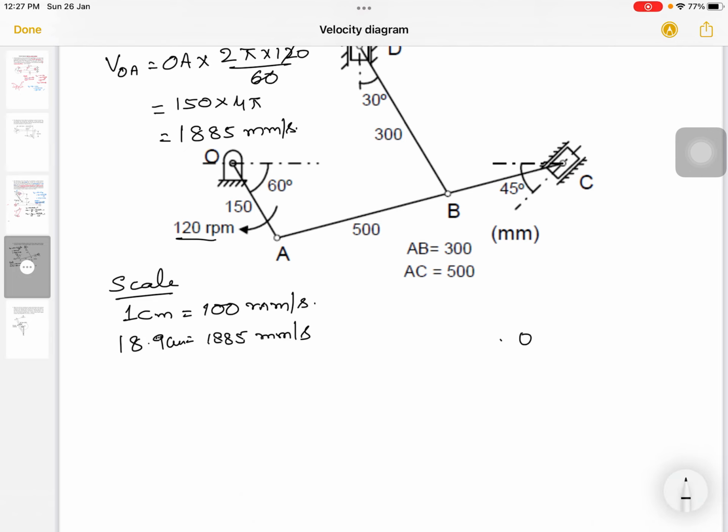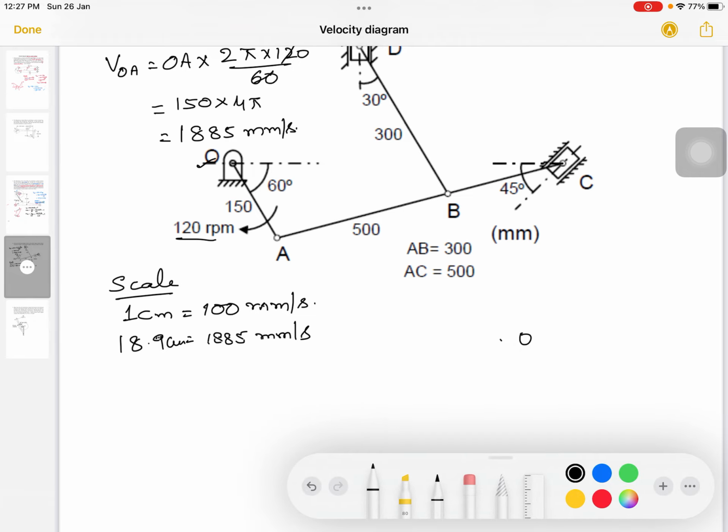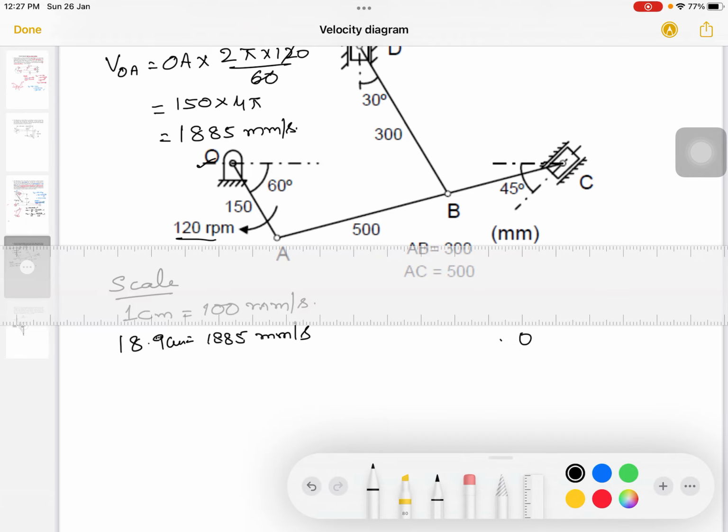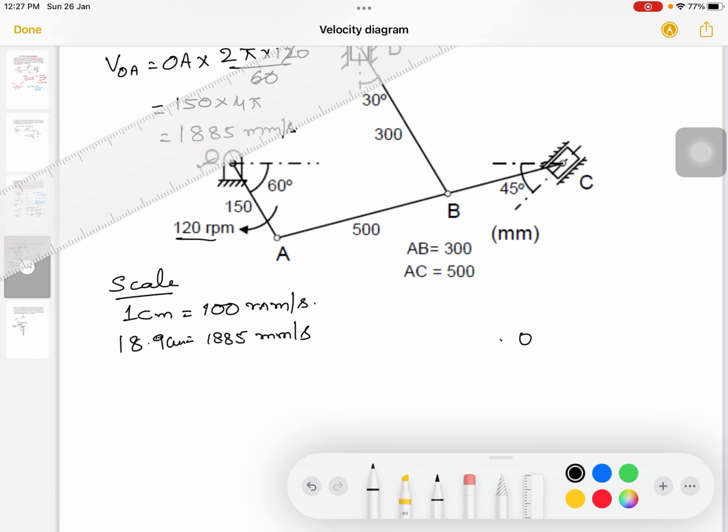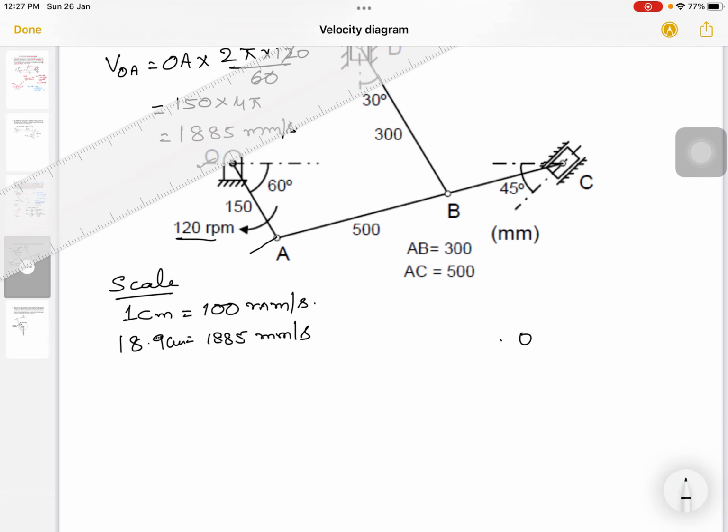Here, this is the fixed support. Let us take that as O. Now draw the velocity of point A with respect to O. Here it is rotating in a clockwise direction, so at this position the velocity of A is like this.